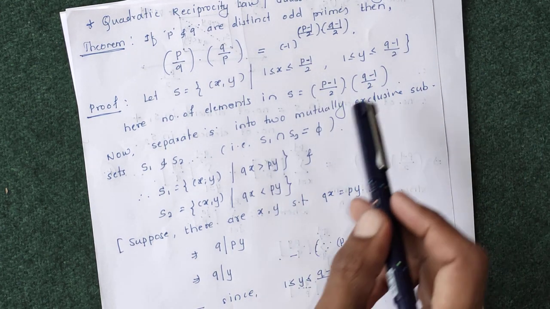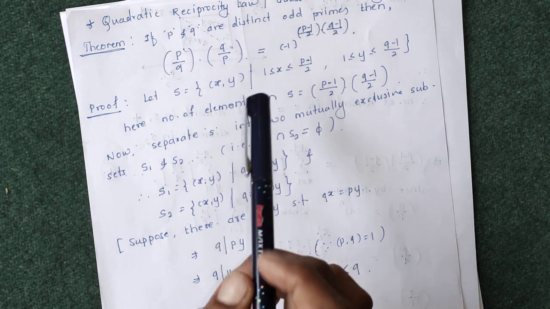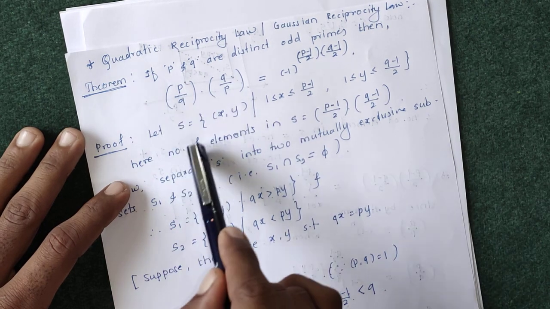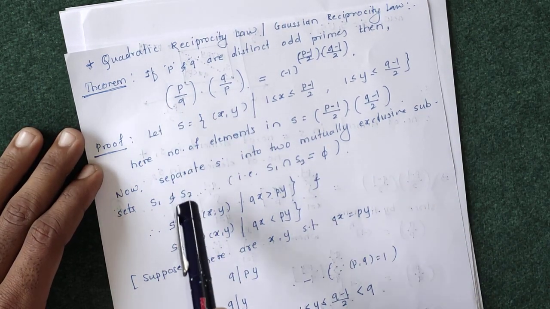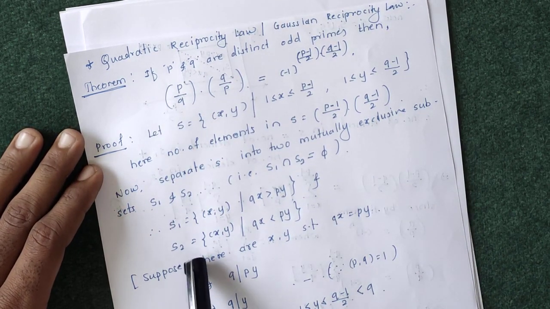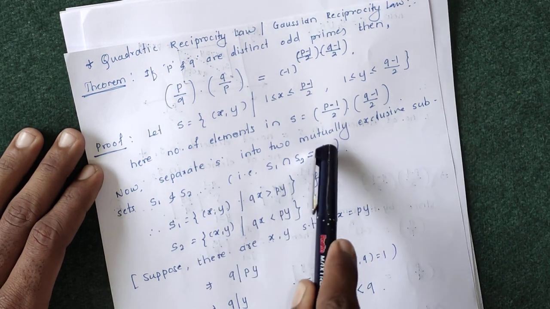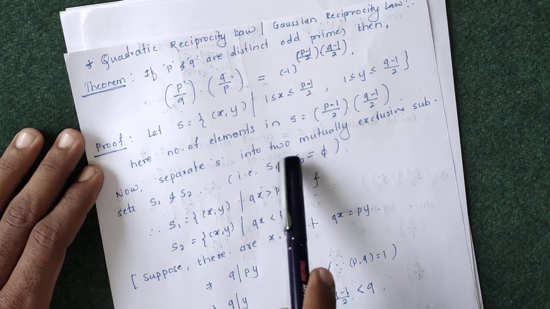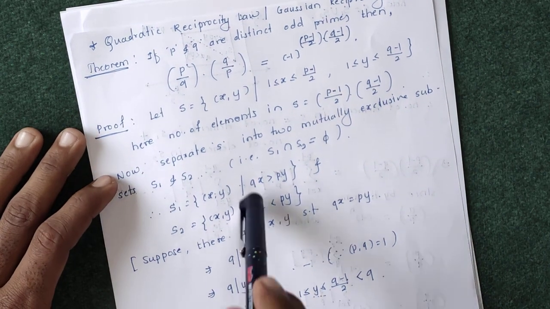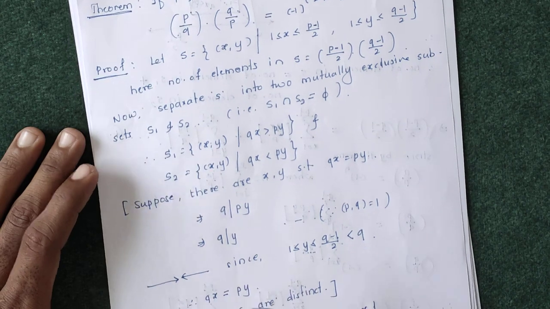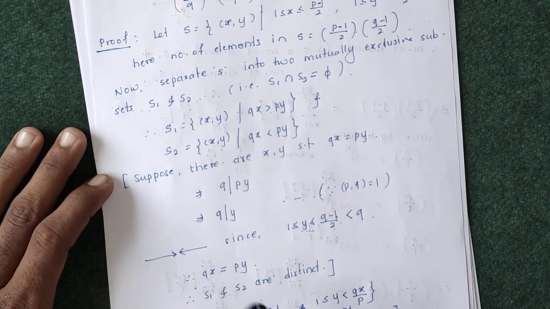Now, separating this set S into two subsets S1 and S2 such that S1 intersection S2 is phi, that is, the intersection is the empty set, and their union S1 union S2 is S. So separating this in this manner, we can rewrite these sets S1 and S2.